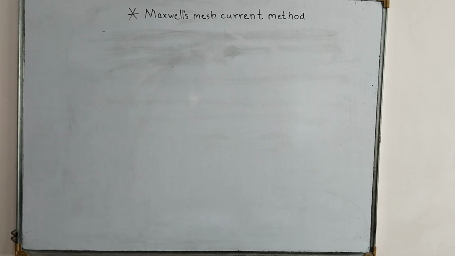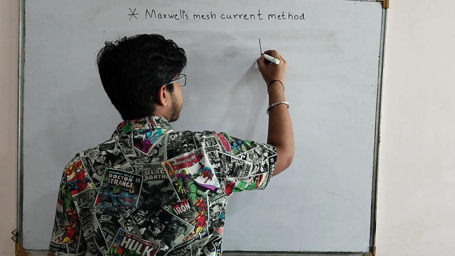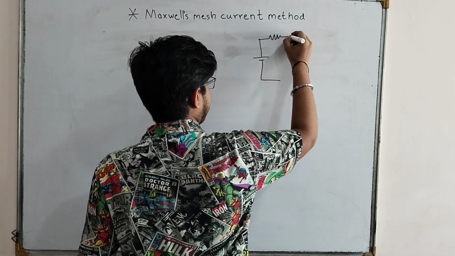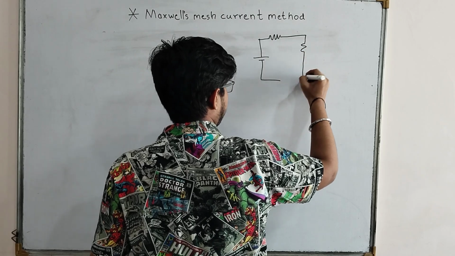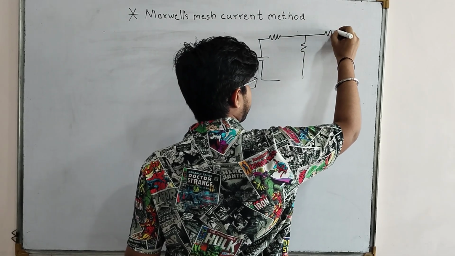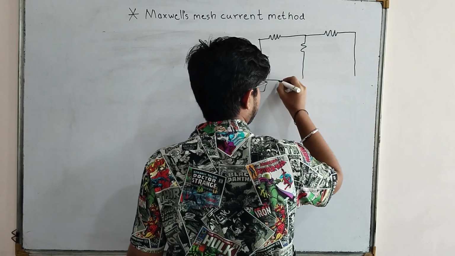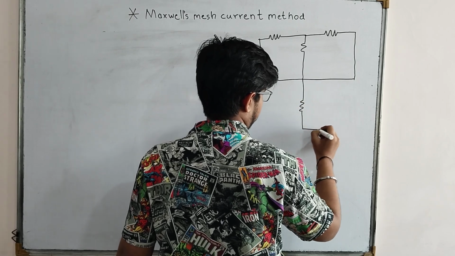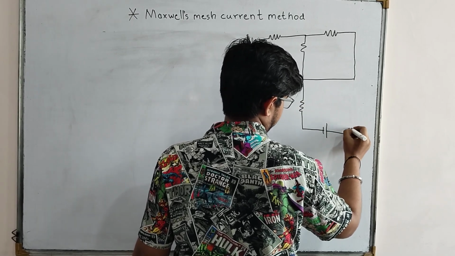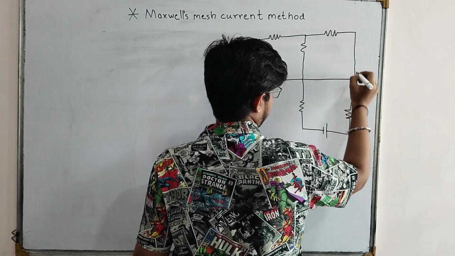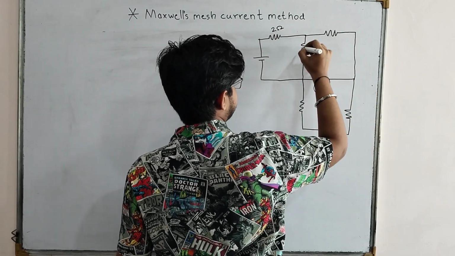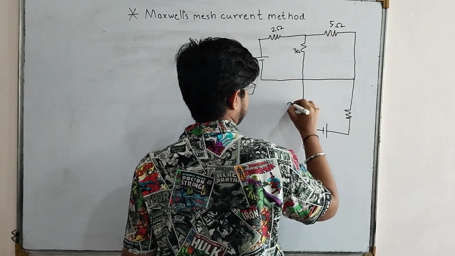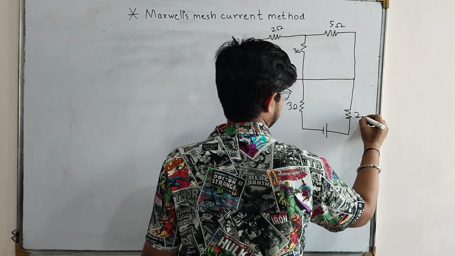Okay, now I will give you a very basic level sum. This is my 2 ohm, this is my 3 ohm, 5 ohm, again 3 ohm, and this is my 2 ohm.